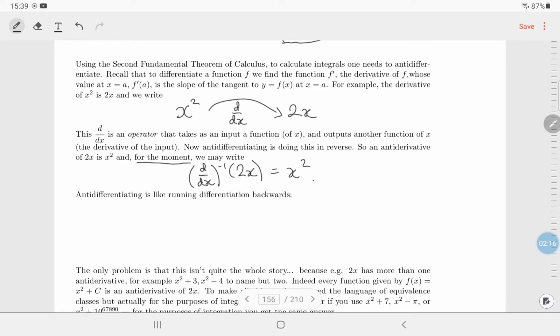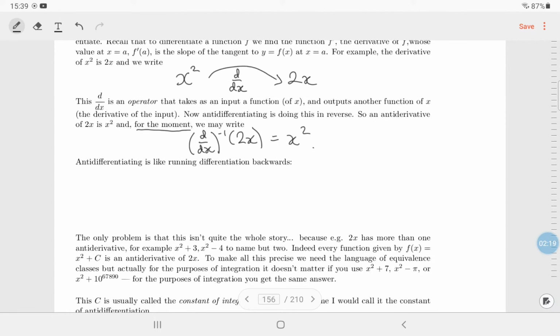But this is anti-differentiating, and it says it is running differentiation backwards. So you start with x squared, you differentiate to 2x, and it seems like you can anti-differentiate back. The derivative of x squared is 2x, the antiderivative of 2x is x squared.